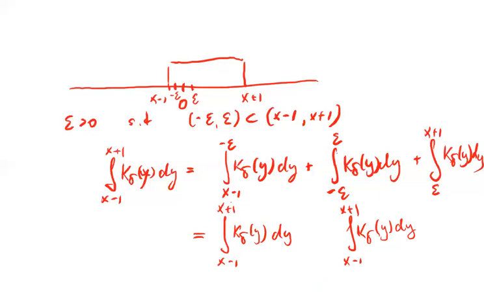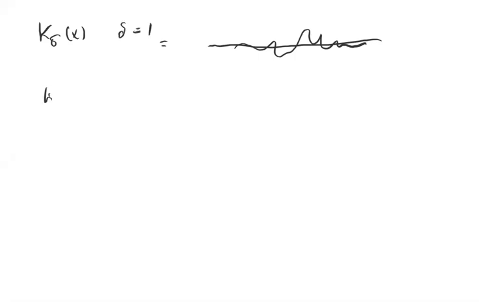So what happens with these kernels is, just draw here, like this for delta equals 1, delta equals 1/2, what happens is that the graph will get compressed.